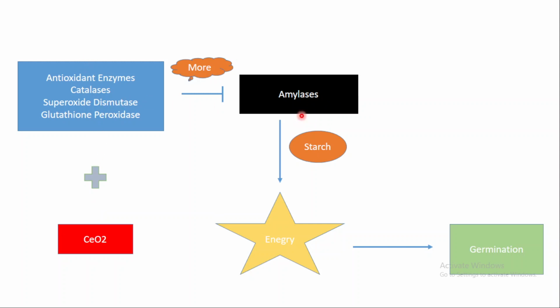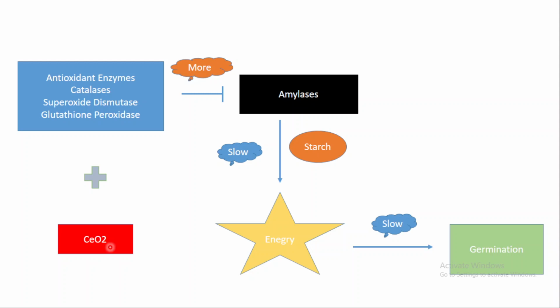Now that the amylases are inhibited, there will be a slow conversion of starch into energy. The breakdown of starch into energy by amylases will slow down. Since there is low energy, now the process of germination will also slow down. That's why application of CeO2 nanoparticles will decrease the speed of germination or will slow down the germination because of antioxidant property of CeO2 nanoparticles.